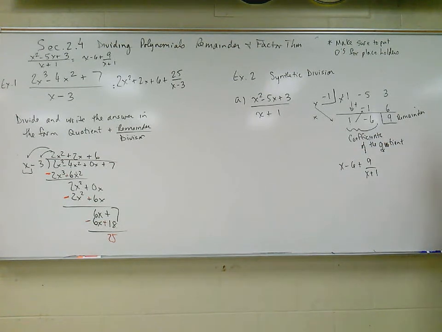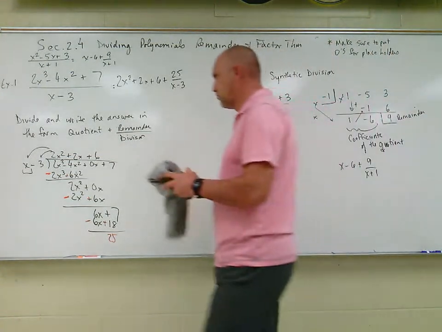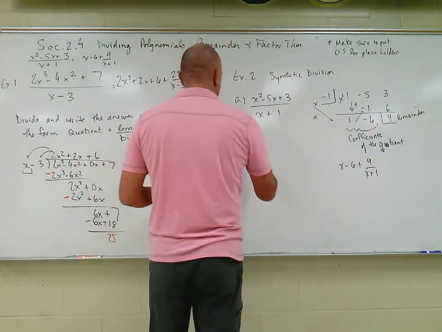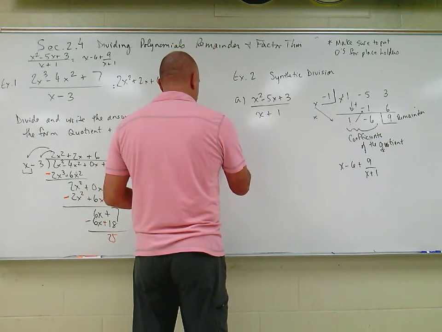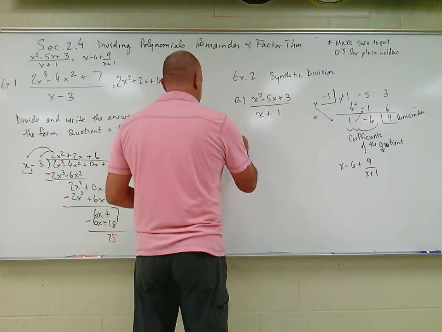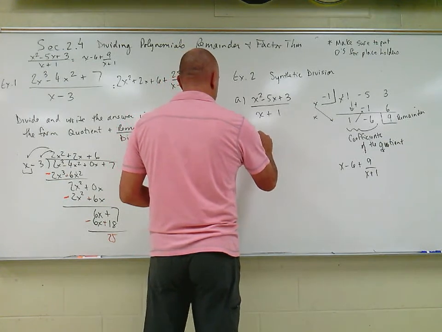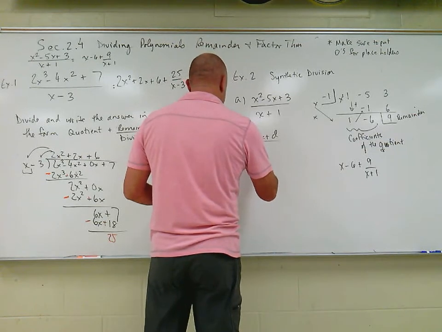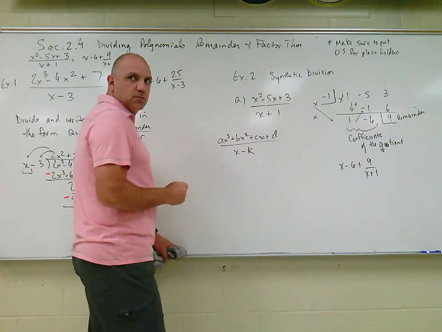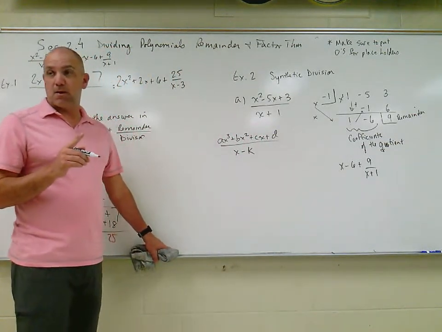So, just to do a generic one, just to do a little formula. Say I had ax cubed plus bx squared plus cx plus d divided by x minus k. I want to make sure that we set it up.